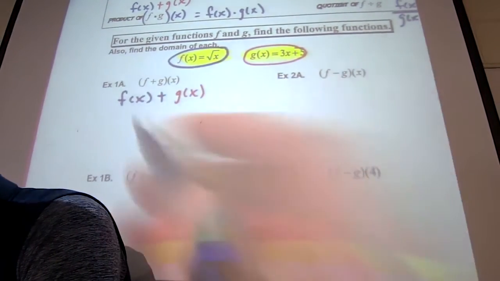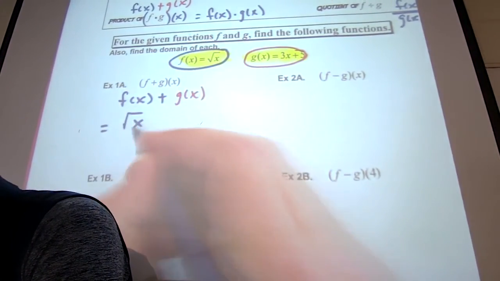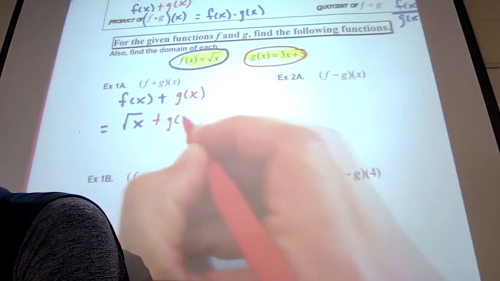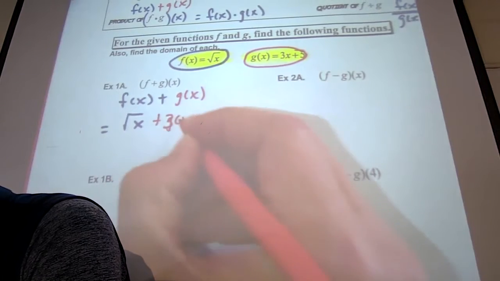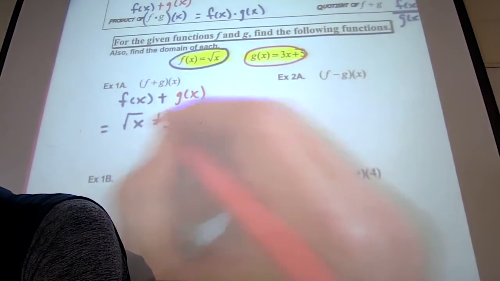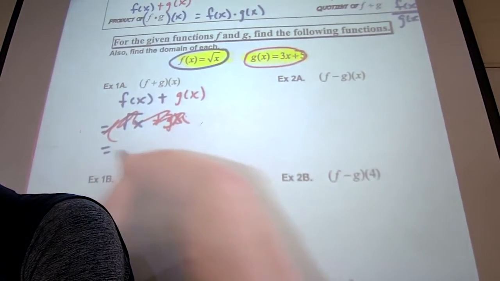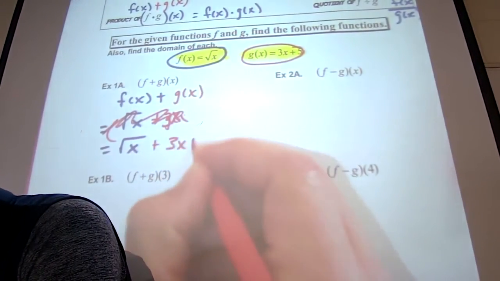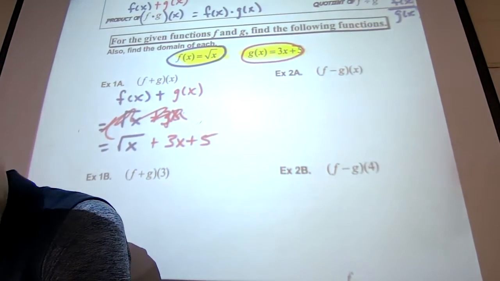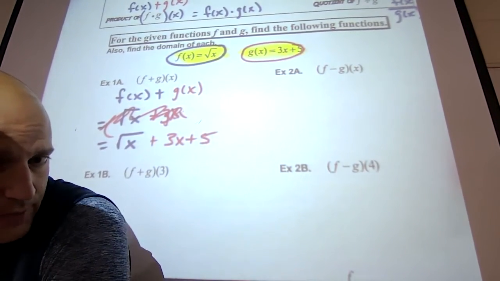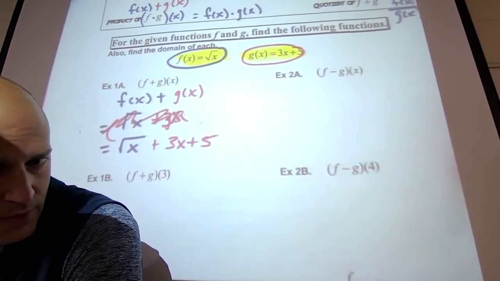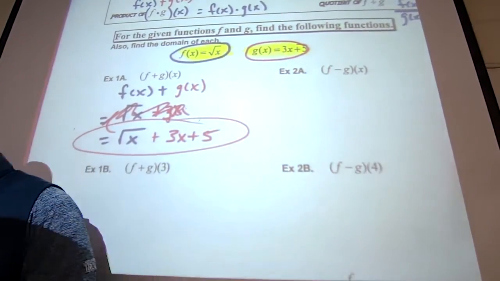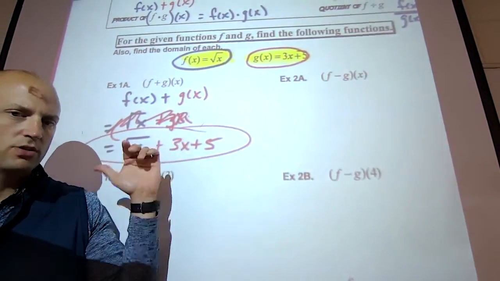Well, f of x is the square root of x, and then g of x is 3x plus 5. So in this step, I would add and subtract my like terms, but as you can see, there's no terms that are similar. So that is my final answer for f plus g of x. There's no simplifying that I can do here, so I just leave it alone.